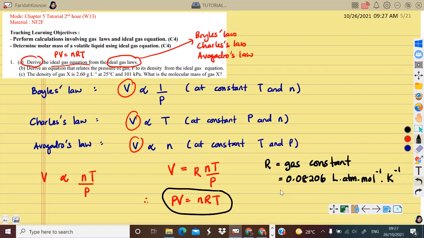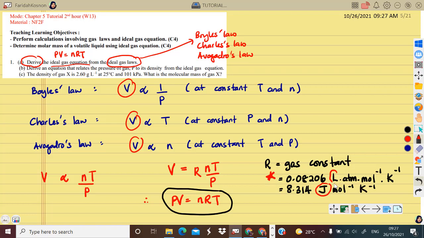Kemudian satu lagi nilai gas constant adalah 8.314 joule per mole per Kelvin. So tengok unit itu ada beza. Kalau kita tengok kat sini, joule ini kita nak lebih kepada energi. Tapi bila kita belajar tajuk gas, semester 1 ni kita banyak guna gas constant yang pertama tu.